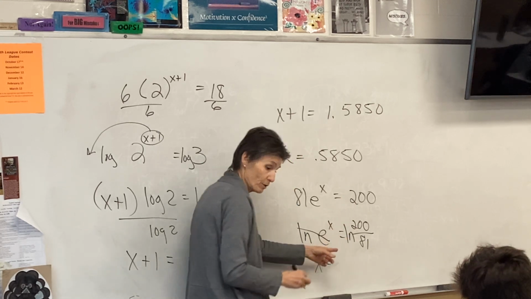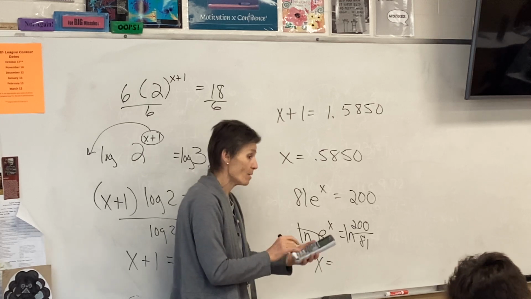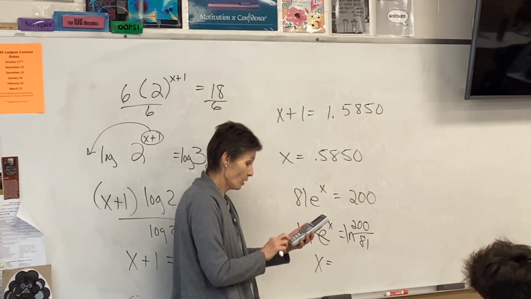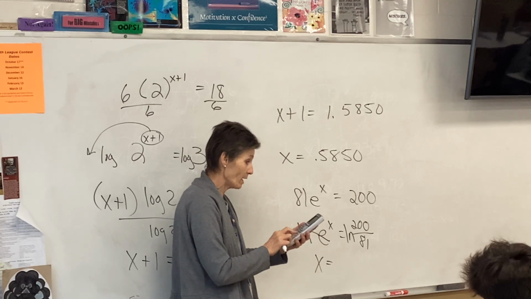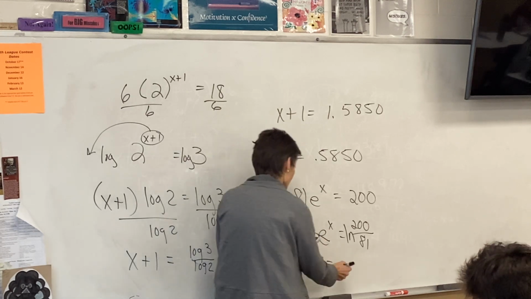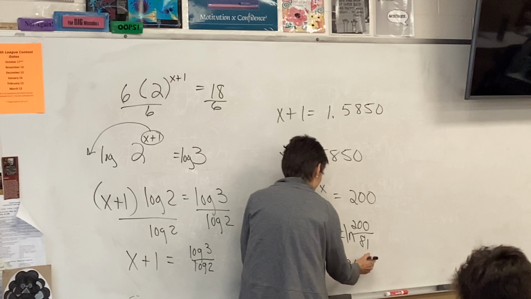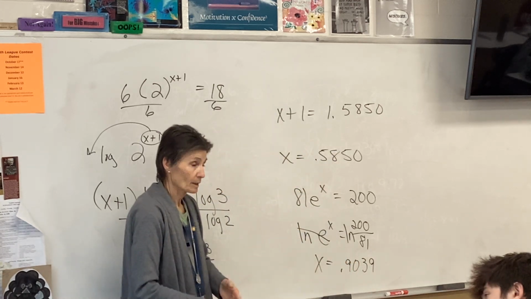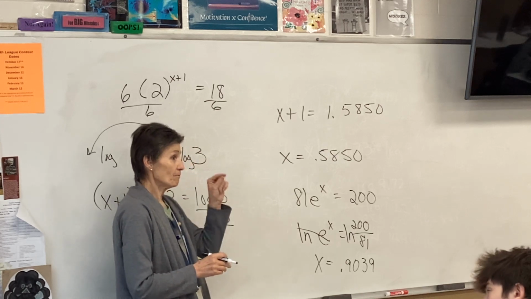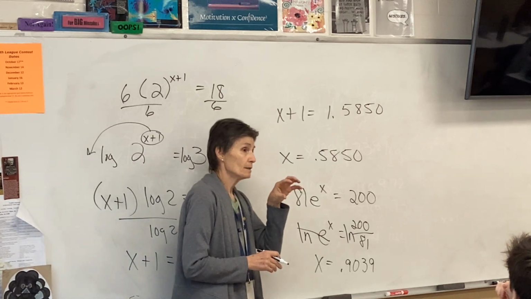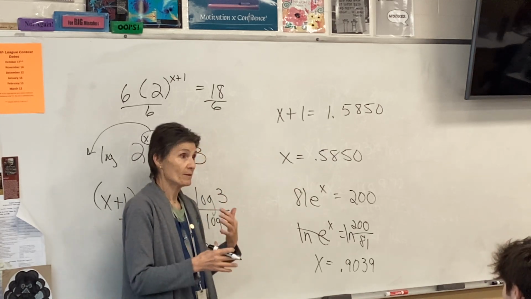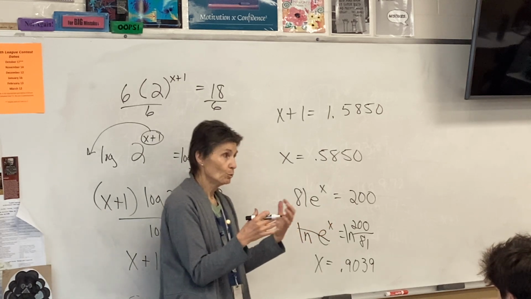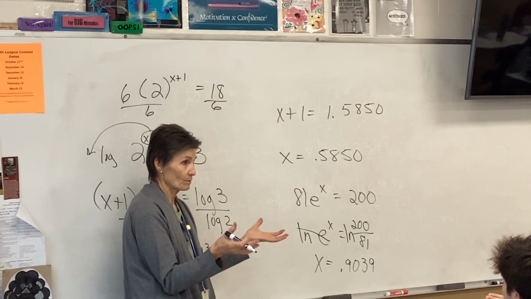So you're going to go to your calculator, and the only thing you have to type in is ln of 200 divided by 81, and your answer is 0.9039. If you use log, you're going to have more to type in on the calculator because nothing will cancel. You will eventually get the same answer.